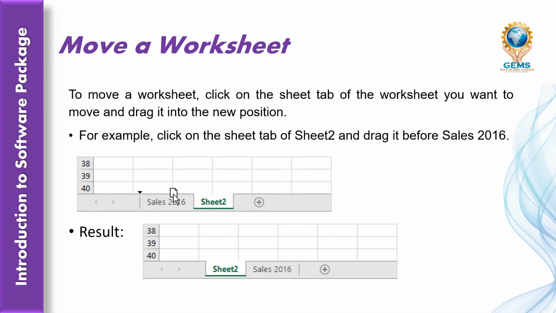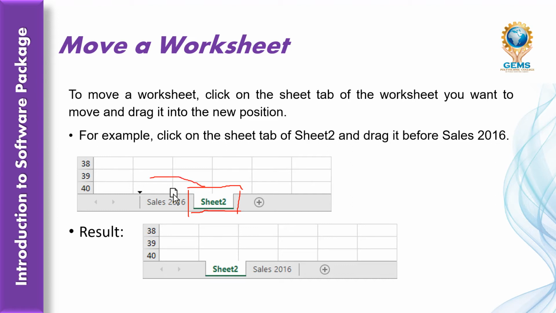And how to move a worksheet. To move a worksheet, click on the sheet tab of the worksheet you want to move and drag it to the new position. For example, click on the sheet tab of Sheet 2, as in the first image, and drag it before Sales 2016.